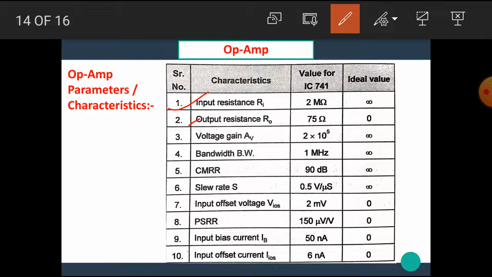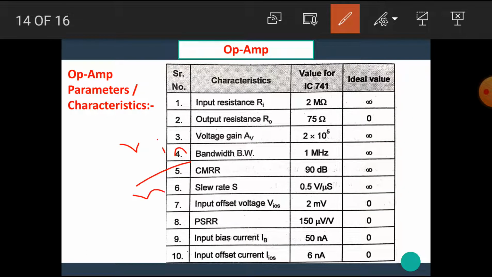Now let's see the voltage gain A_V. The ideal value of the voltage gain of the amplifier is infinity, and the value for IC741 is 2 into 10 raised to 5. We know that the voltage gain A_V is equal to the output voltage upon the input voltage.